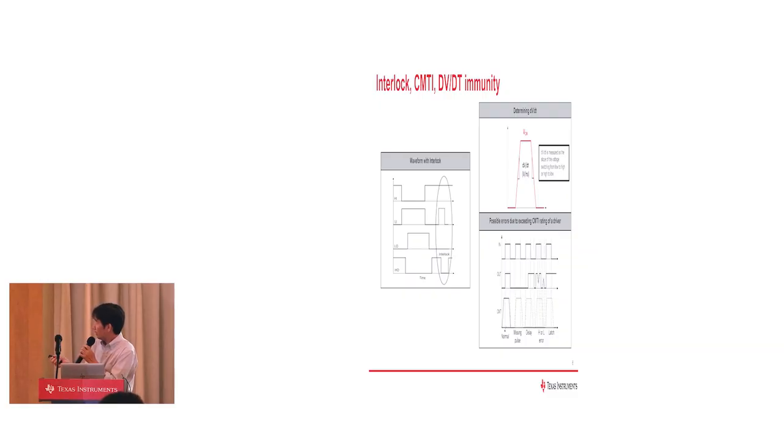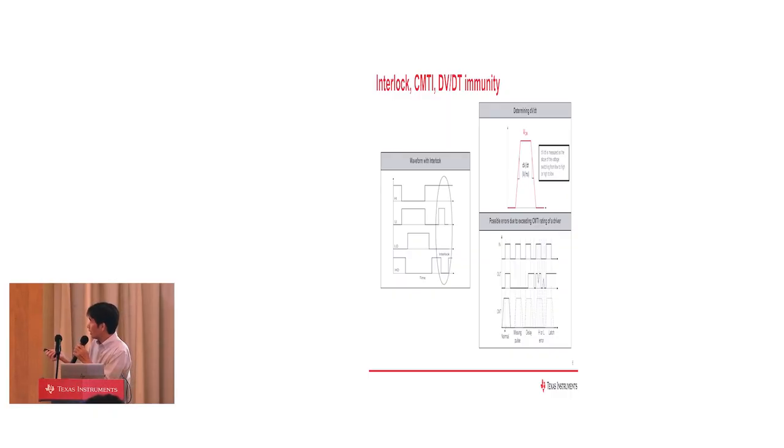CMTI or dv/dt immunity: dv per dt is the measure of the slope. It's the speed of the change of the signal here.